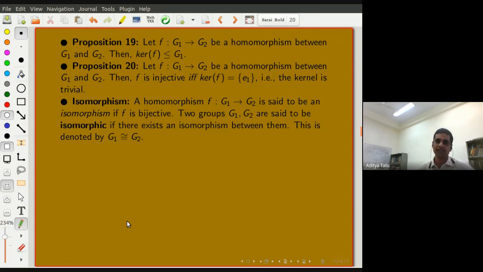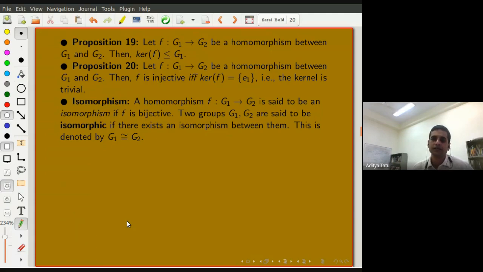Since there are several nice properties of such homomorphisms, these kinds of homomorphisms deserve a name in themselves. The name is isomorphisms. Iso basically means same. So a homomorphism F between two groups G1 to G2 is said to be an isomorphism if apart from F being a homomorphism, it is also bijective.